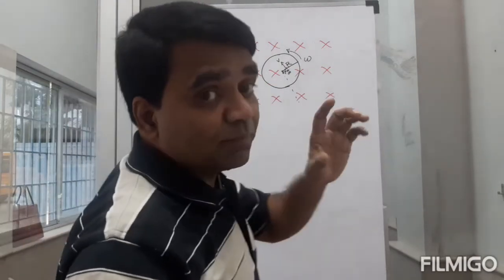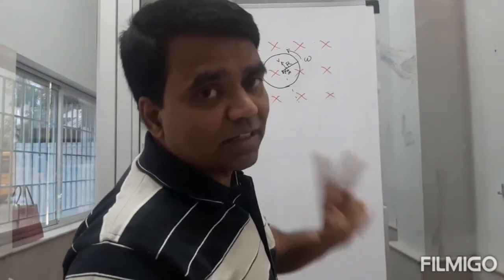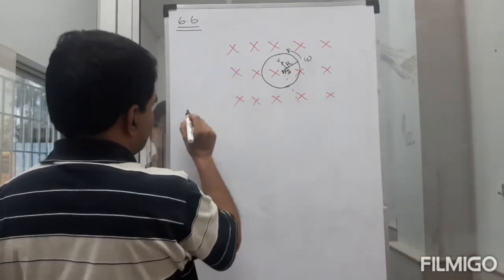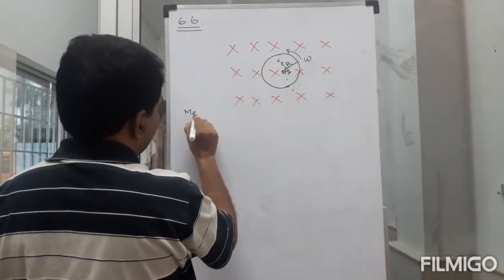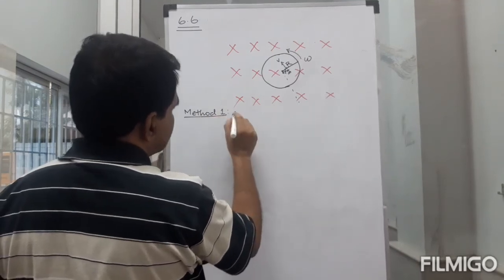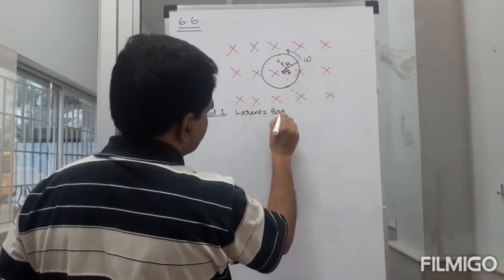So I'm using the Lorentz Force model to do this. This problem can be done in two ways. The first way is what I am going to use now. That is method 1, the Lorentz Force method.